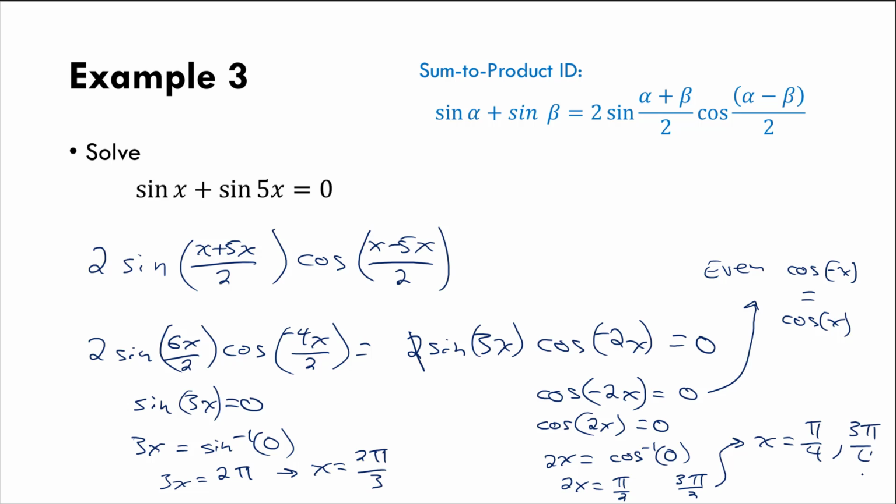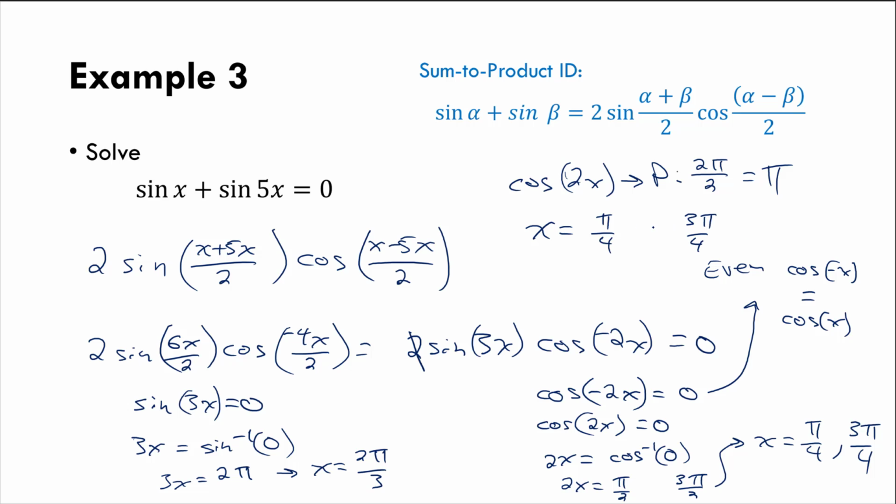Now let's think about cosine here. What's the period of, say, cosine of 2x? Well, my period would be 2 pi over this coefficient of 2, so my period is actually pi. So when I'm doing my final solution, I'm going to have this pi over 4 and 3 pi over 4.